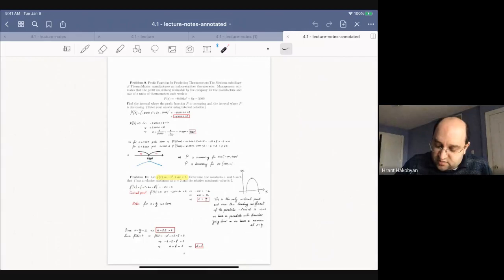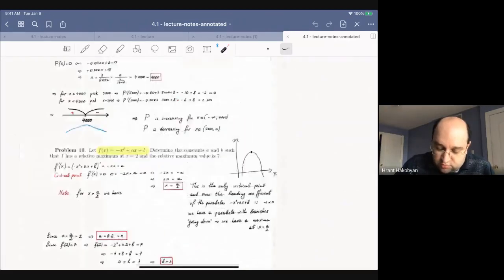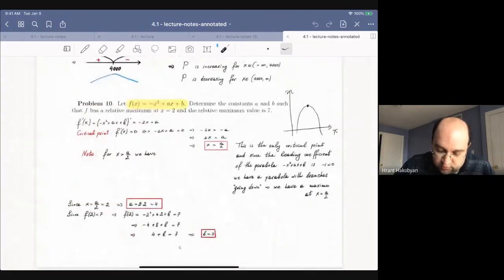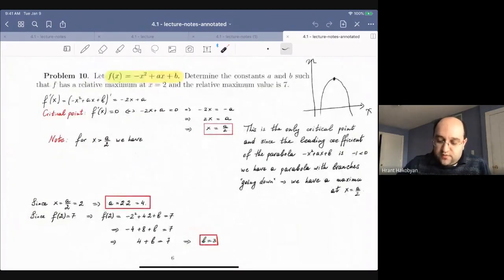So it's very similar. It's just a word problem, but the problem is very similar. So what I want to do is I want to do problem 10. If you don't have time, if you have a different class, you can leave now, but I'm going to do this and post it online later. Okay?